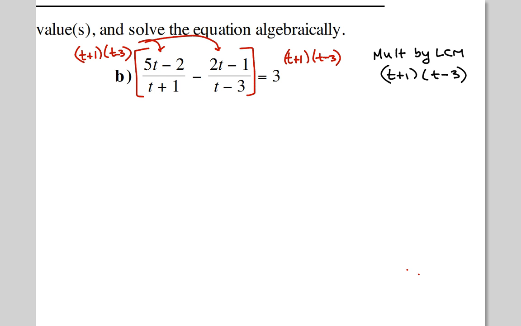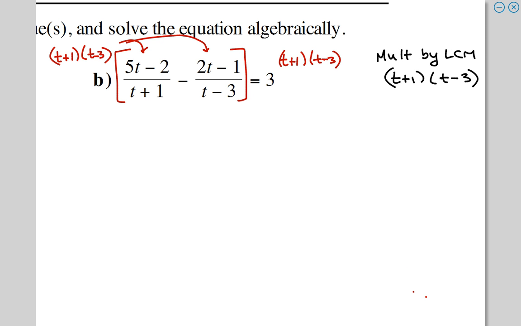Is everybody cool on that so far? Okay. So let's multiply through on the first term. What's canceling? The t plus 1 term. So you'll be left with 5t minus 2 multiplied by t minus 3 subtract.